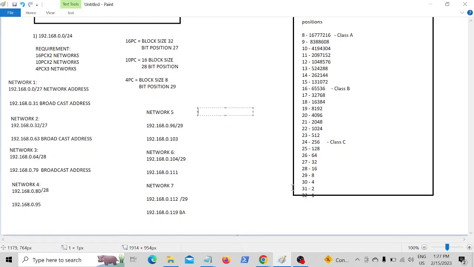So we have to go for the subnet mask. What will be the subnet mask for this requirement? 192.168.0.0/27/28/29. We now have 3 requirements, so all 3 will have different subnet masks. So what is the subnet mask? Please tell me.